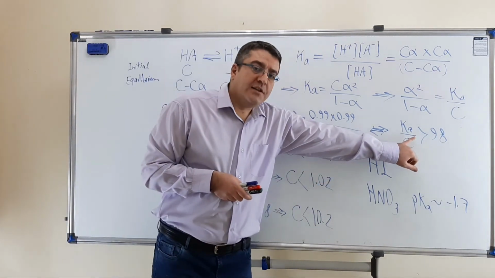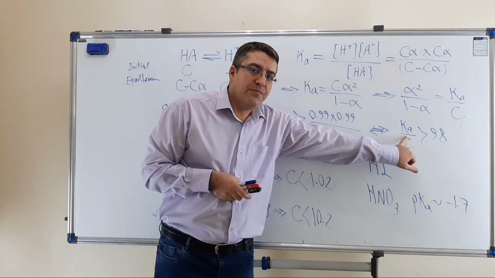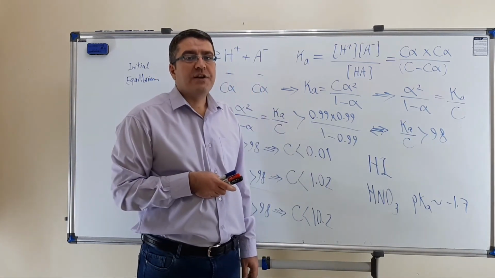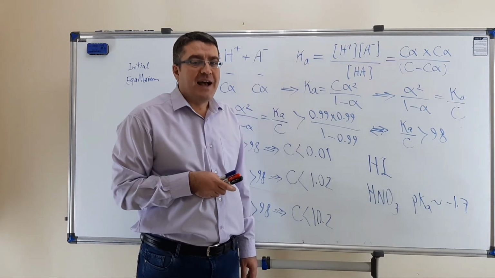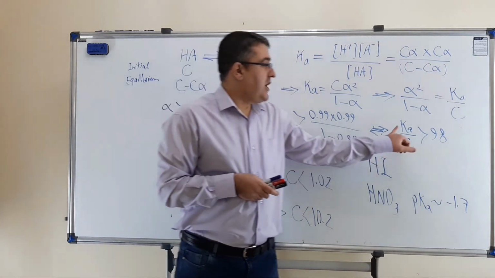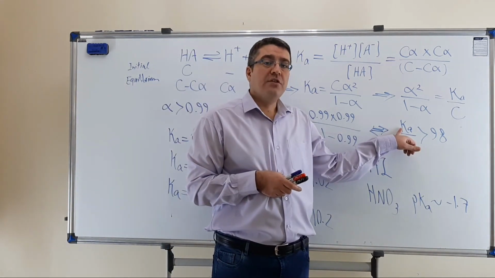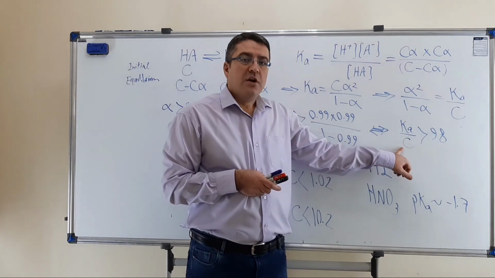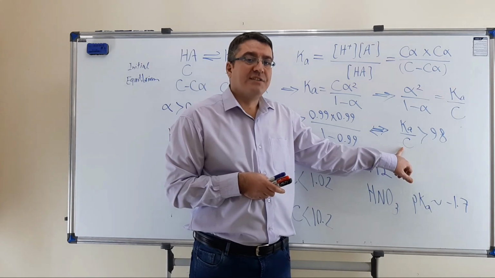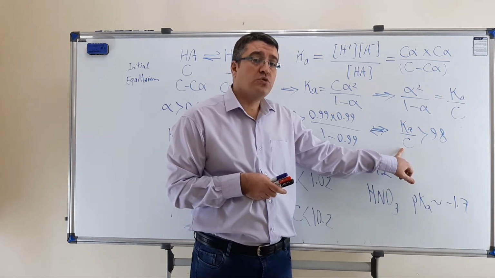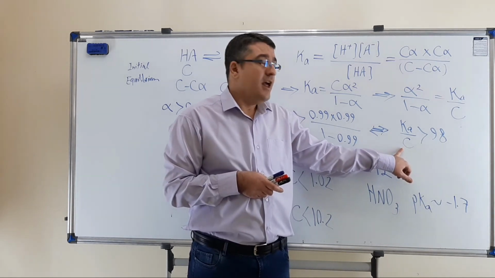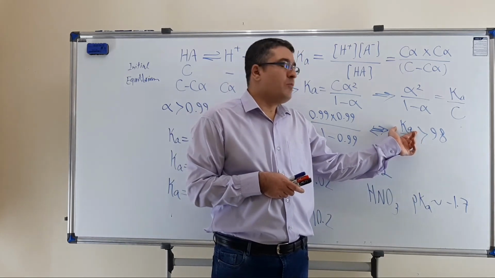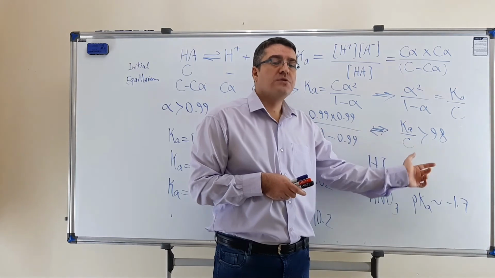This inequality has another side. We know that for acids weaker than the conjugate acid of the solvent, Ka is smaller than 1. But here, the initial concentration of the acid can be so small that this inequality, despite the small value of Ka, holds true.